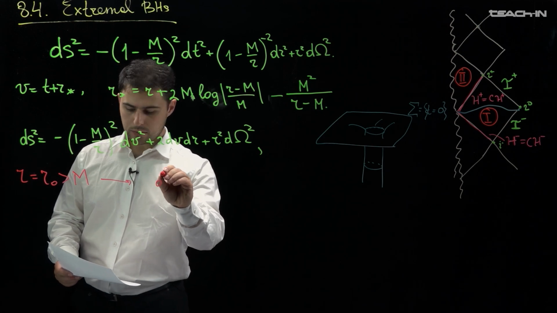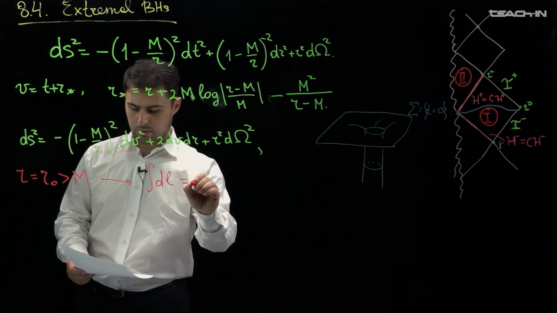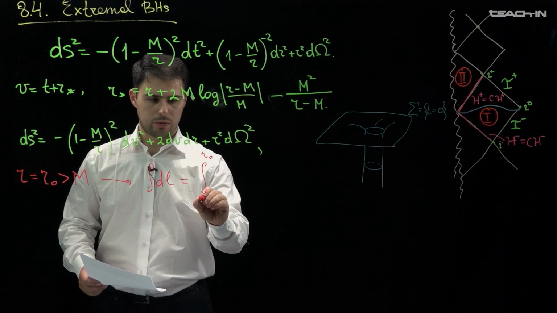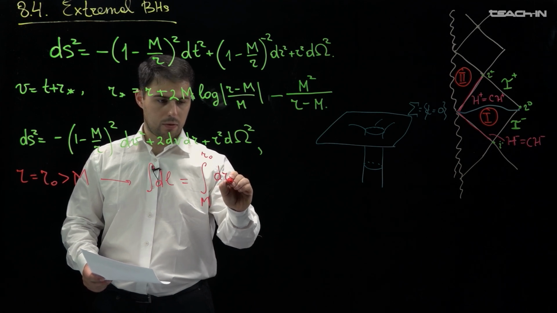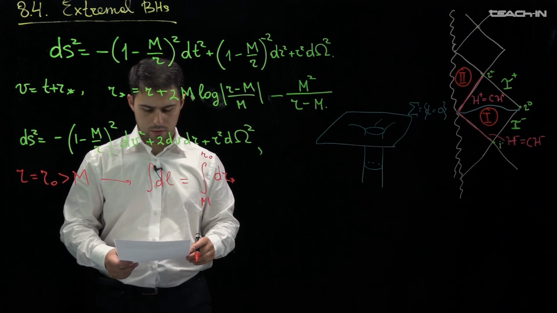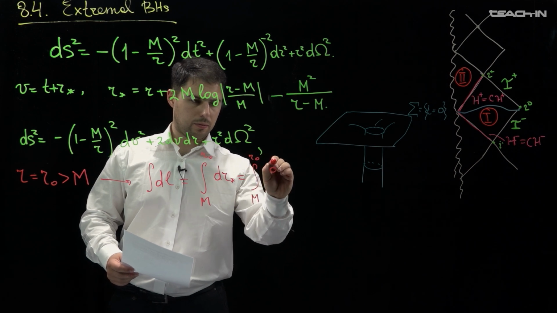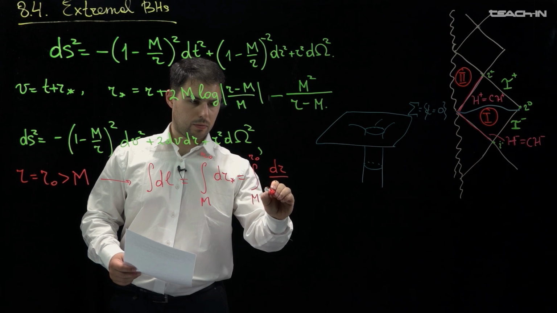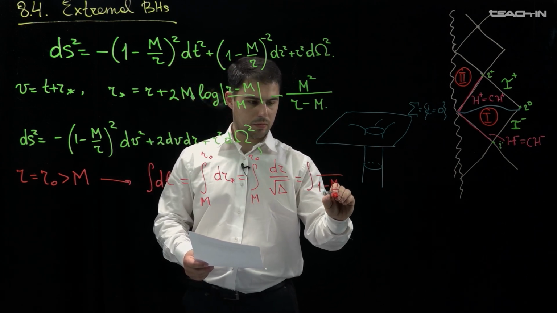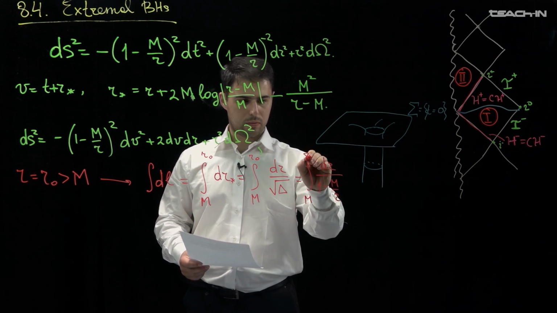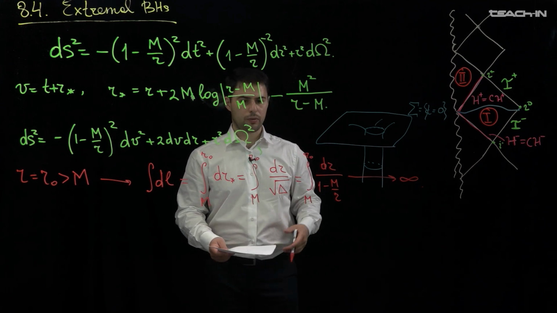Then we naturally have that the length of the line equals the integral from r0 to m of dr star, which diverges. So the surface of constant t exhibits an infinite throat at the horizon.